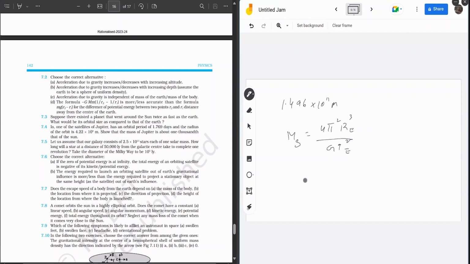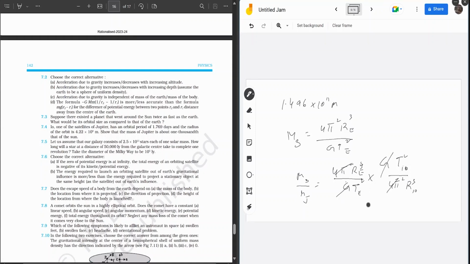Okay, so Ms by Mj is equal to 4 pi square r cube of Earth by G T of Earth square, into G into T square Io, divided by 4 pi square r cube of Io. These all get cancelled.